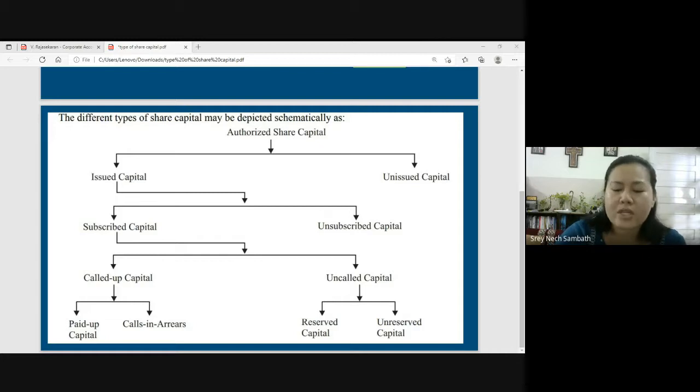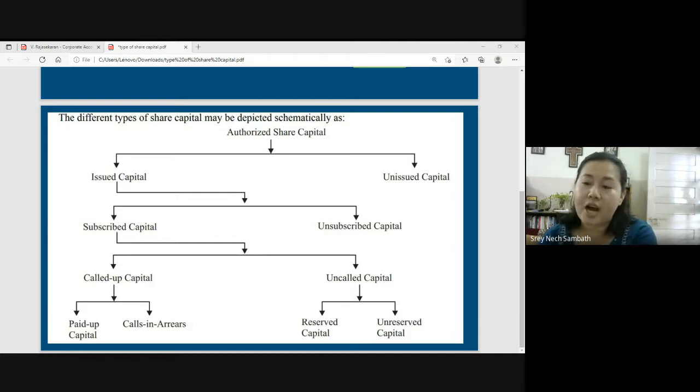Okay, so we say that the subscribed and called up capital is paid up when the amount that they have requested to call up for capital has actually been paid by the shareholder. So at each step of the way, since the time we issue the capital, we have to record in our accounting book, the share accounting book.